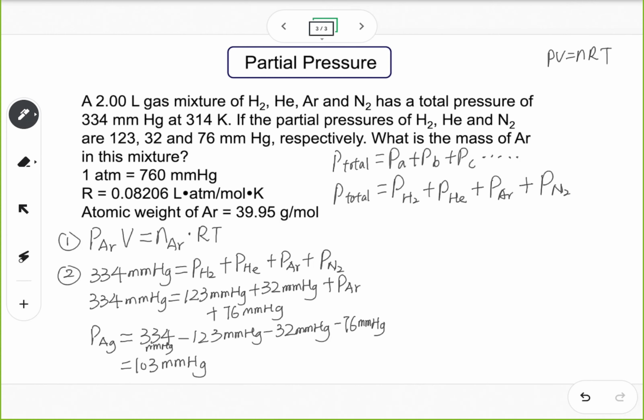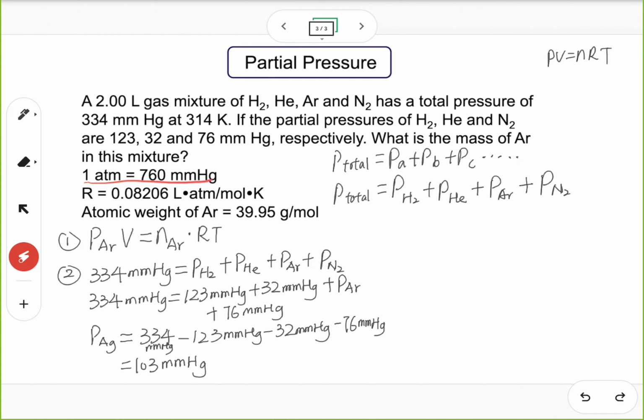All right, so the P argon is known. Now we can use the ideal gas law, because P argon, volume, and temperature, all three items are known. So let's do the calculation. Of course, remember, when you use the ideal gas law, pressure has to be in ATM. So we need to do a unit conversion from millimeter mercury to ATM.